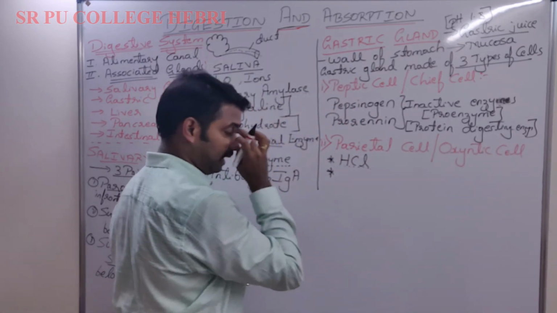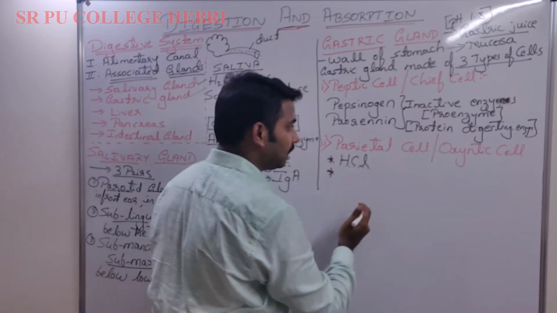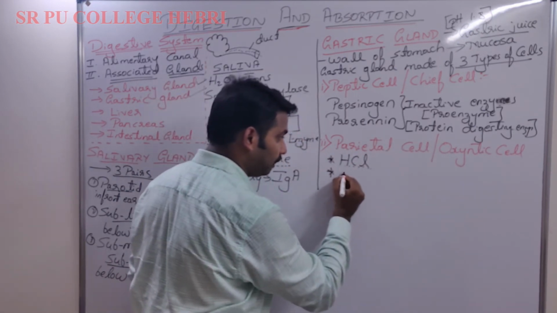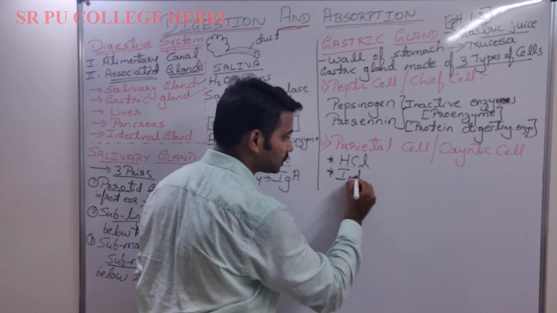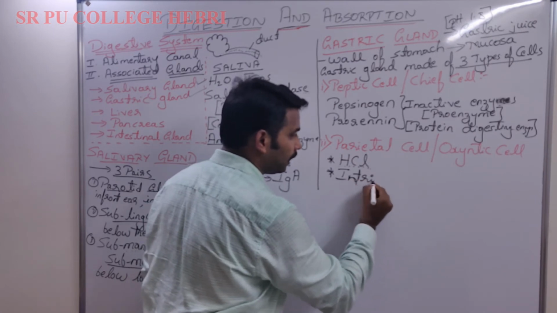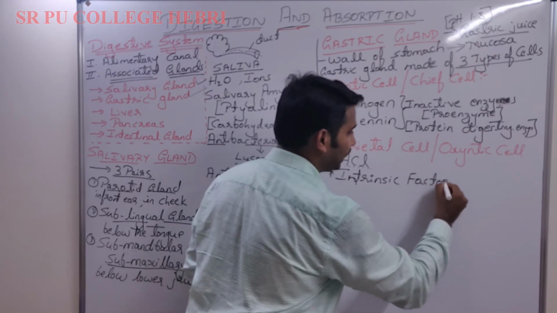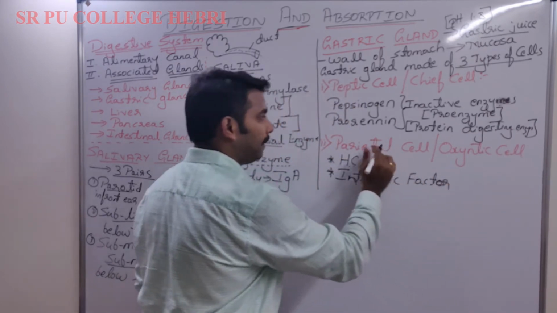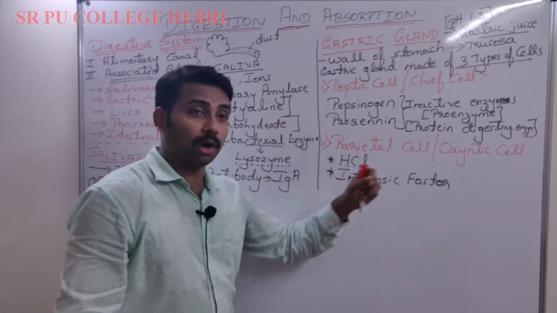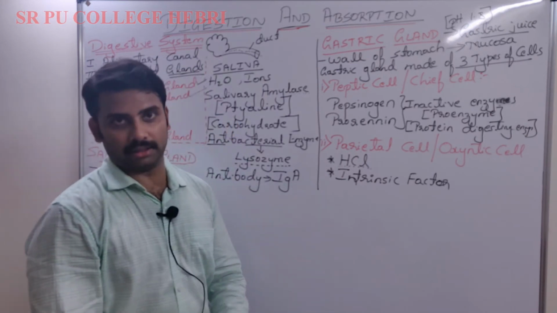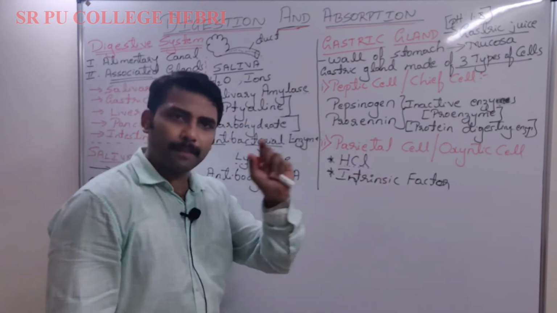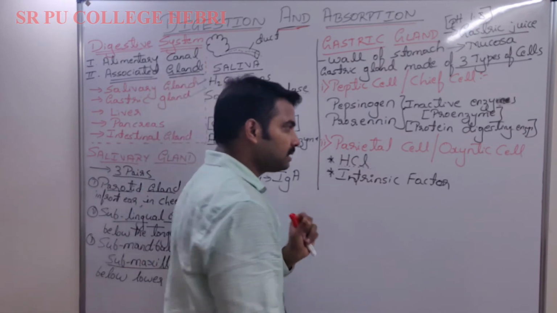Along with HCl, parietal cell also produces, very important, intrinsic factor. Note down, mark it as a 1 mark question. Parietal cell also produces what? Intrinsic factor. What is this? It is a protein. What is its job?